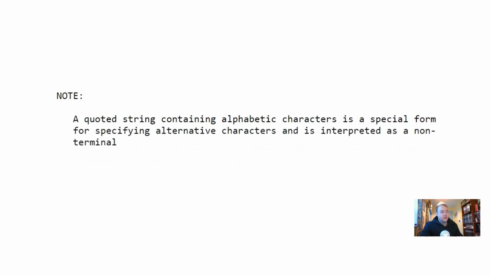Note: a quoted string containing alphabetic characters, is that a literal that we looked at earlier? Remember that word command? I think it is. That is a special form, in fact, for specifying alternative characters, even though it's not got a /. And it's actually interpreted as a non-terminal, so a symbol. And it's either terminal or symbol.